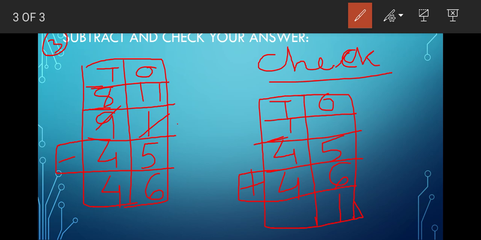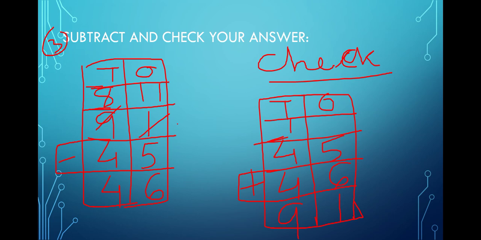Okay. Now you have to add these three numbers. 4 plus 1, 5. 5 plus 4, 9. So how much we got? We got 91. So 91 is the bigger number or not? We got this 91 and the bigger number is 91. That means our subtraction is right. We have done the correct answer.